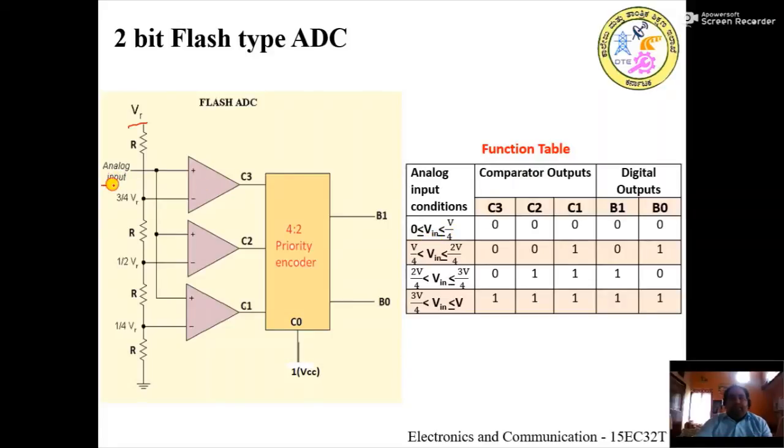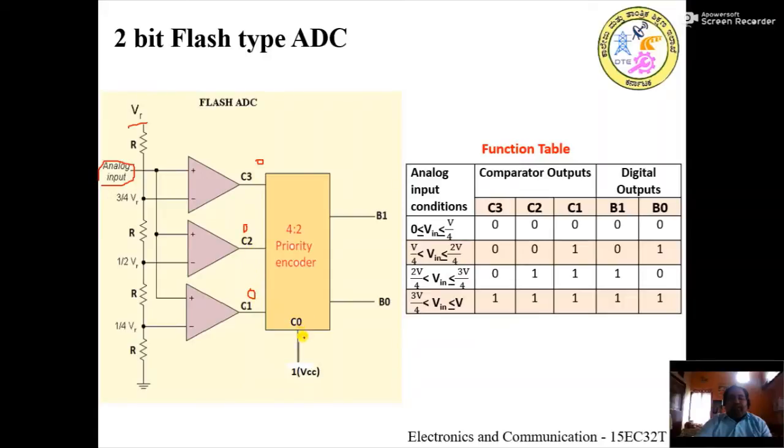If the analog input voltage Vin is less than VR by 4, that is, less than the first reference voltage, then obviously the comparator outputs would be 0 0 0, because Vin is less than the reference voltages in all three cases. Once again, if the analog input is less than VR by 4, the least reference voltage, the three comparators will give logic 0 0 0.